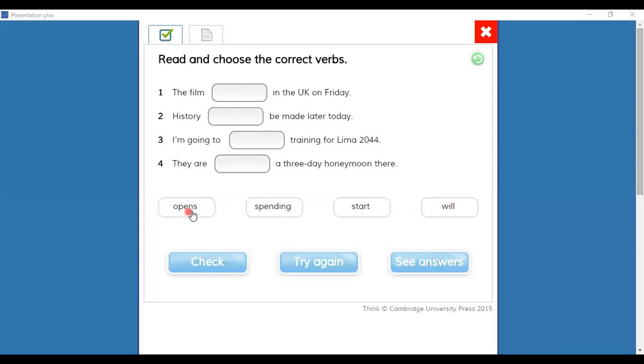You have between these two. Opens. The movie opens in the UK on Friday. Okay, so why is this? This is the present simple. Okay, the movie opens in the UK on Friday. Okay, because surely the cinema or the movie has a calendar. Okay, and the calendar says that the movie starts on Friday, and it's very probable that they have the time as well. So it's a service. It's a service.